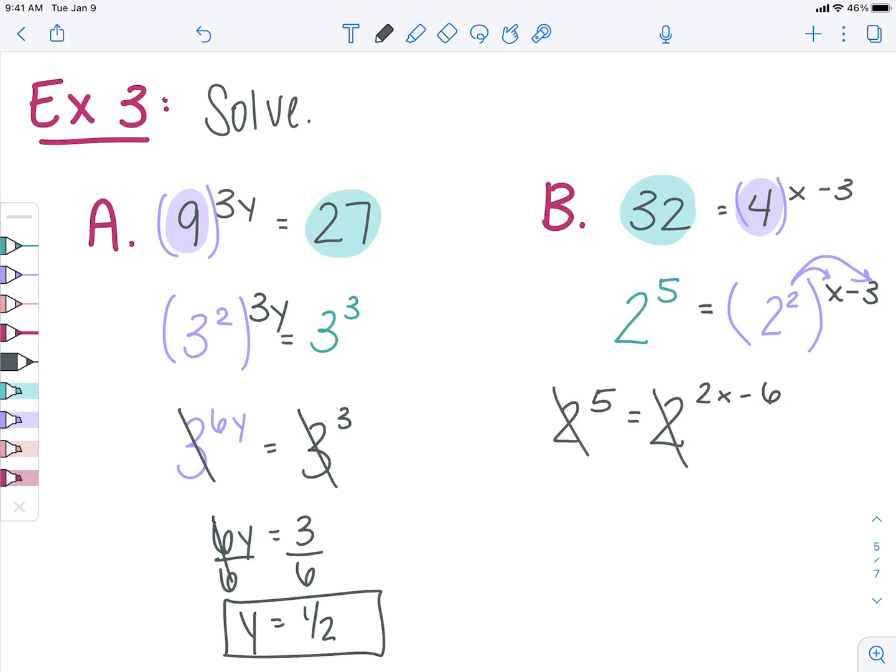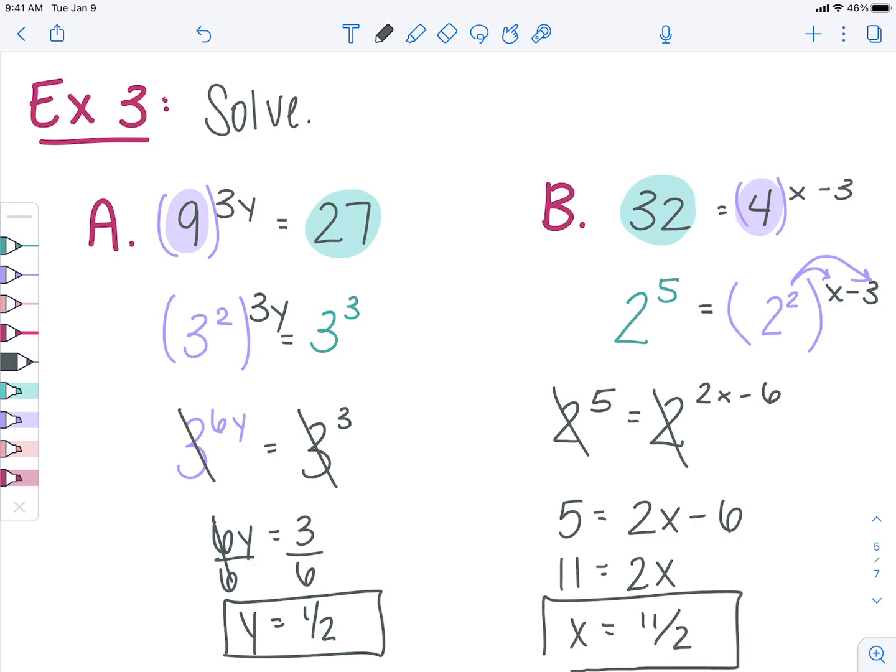And then I can cancel my bases. And I get 5 equals 2x minus 6. So I add 6 to both sides, right? And I get 11 equals 2x. And then I divide by 2. And I get x equals 11 halves, or 5 1/2.